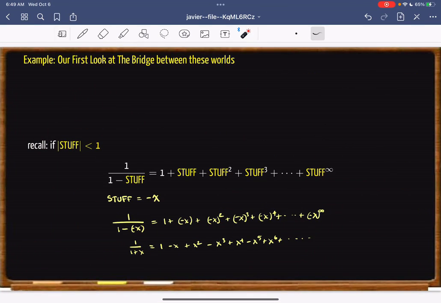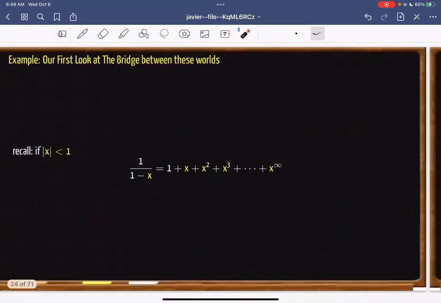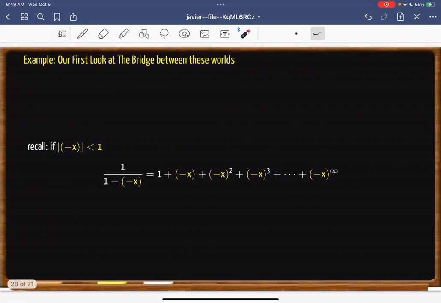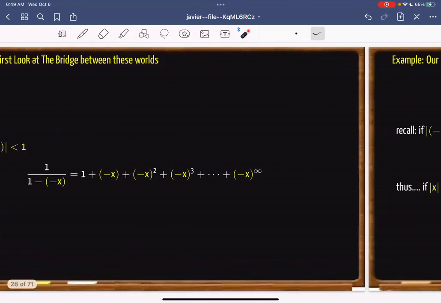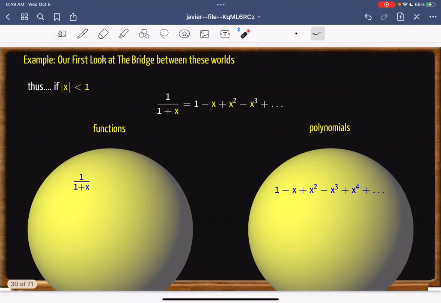And so we can add this to our list of functions that we know the expansion for. By the way, the fancy name for this bridge is the Taylor expansion. Now we have another one.